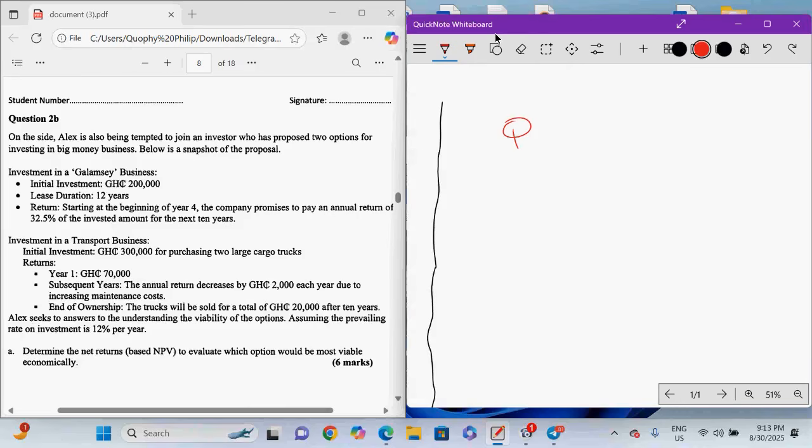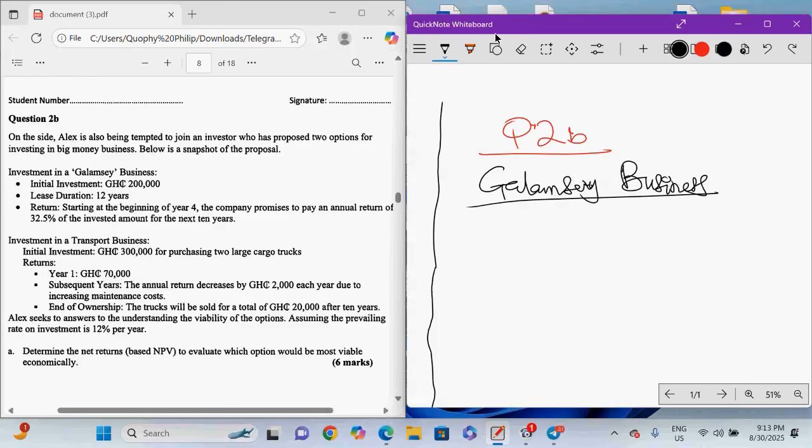All right, so first of all, we'll do the galamsey business first. So for the galamsey business, we have to find the NPV. What is the formula for the NPV?